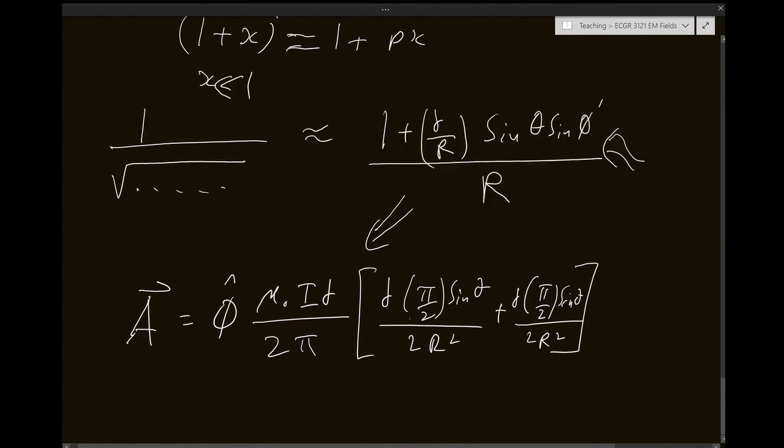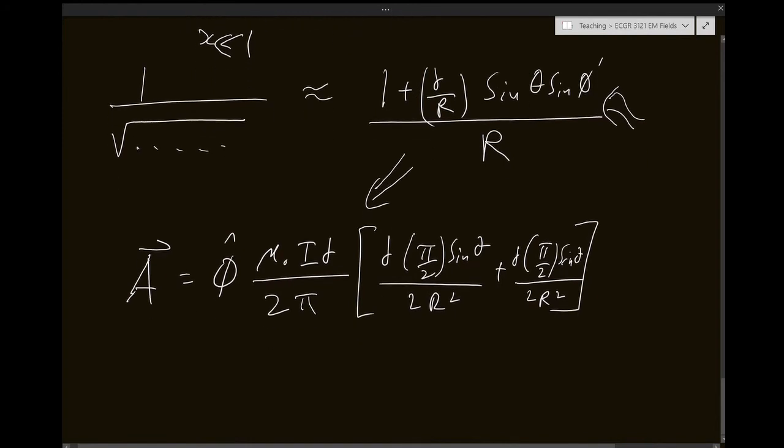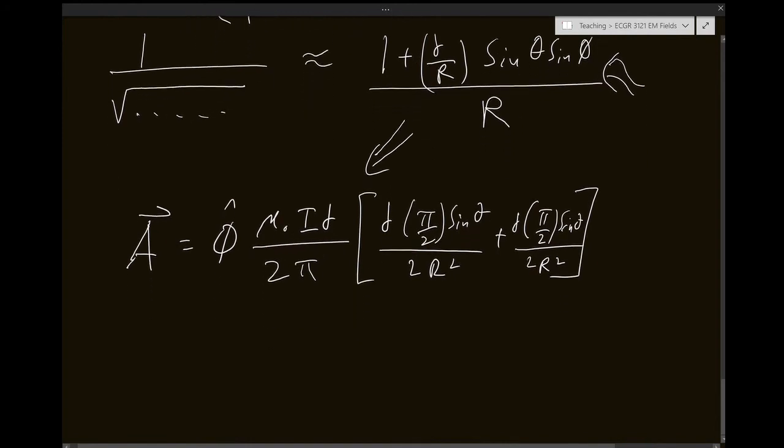I end up with 2d pi over 2 and so on. So the 2 cancels out, and the pi cancels out.